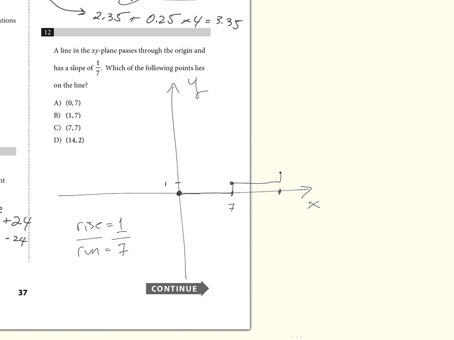That means we would be at 14, and then we would be at 2 for the y value. And as you can see right here, D has 14, 2 as a point, and that is this point right here, which is definitely on the line with a slope of 1/7.